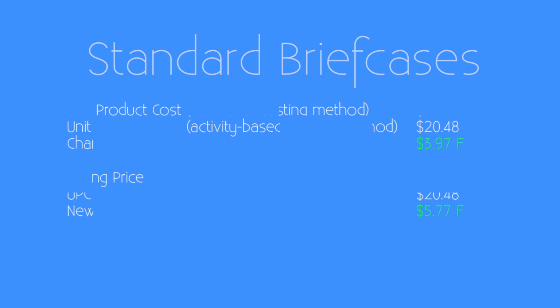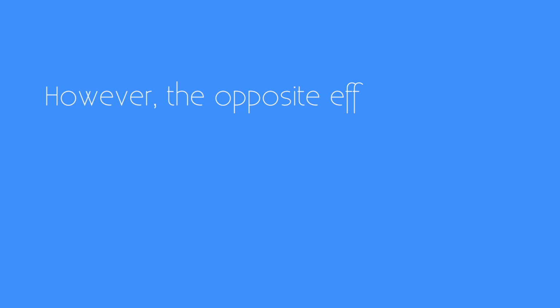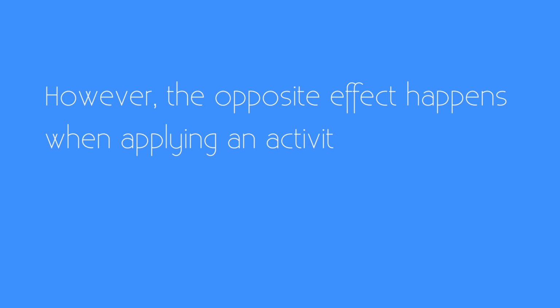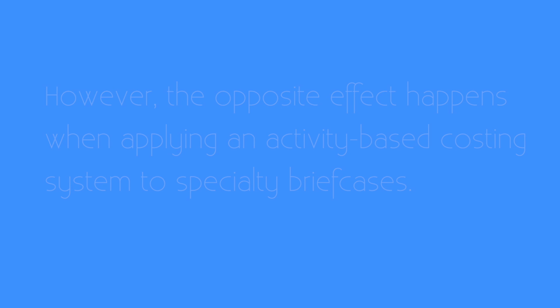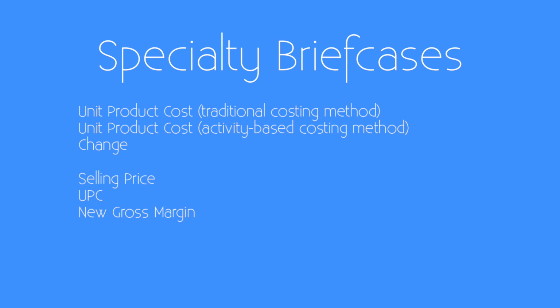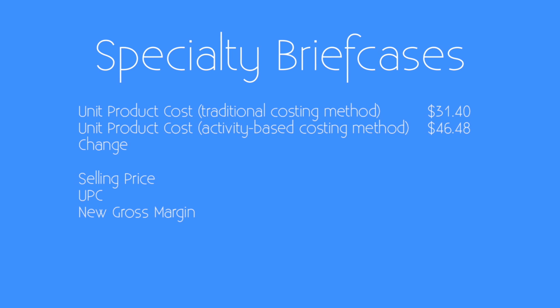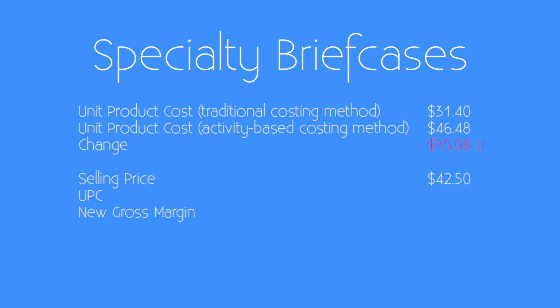$5.77. However, the opposite effect happens when applying an activity-based costing system to specialty briefcases. Originally, the cost per unit was $31.40. However, after applying the new system, the cost rose to $46.48. This rise in cost by $15.08 means that the gross margin declines greatly, assuming the price level is kept the same.